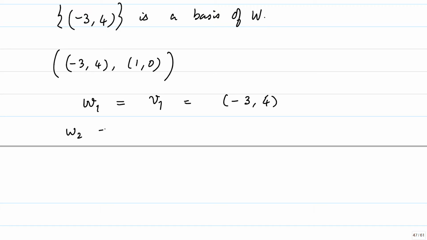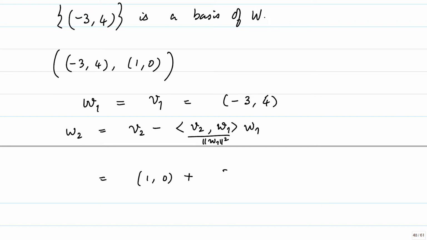What was W2? W2 was V2 minus inner product of V2 with W1 by the length of W1 squared times W1. So this is just going to be (1, 0) minus inner product of V2 with W1, which is minus 3.